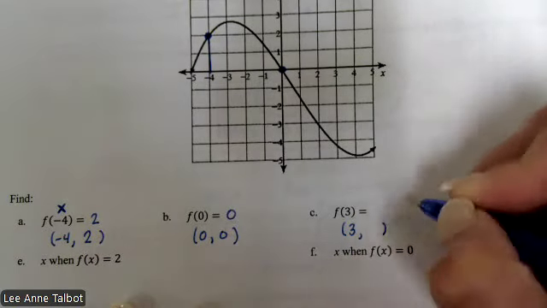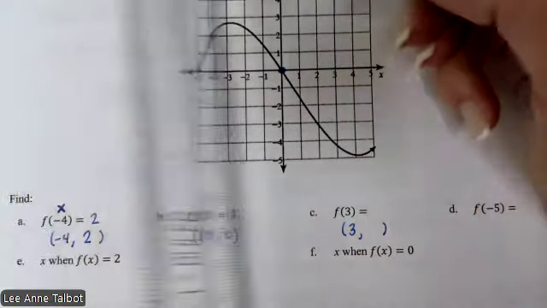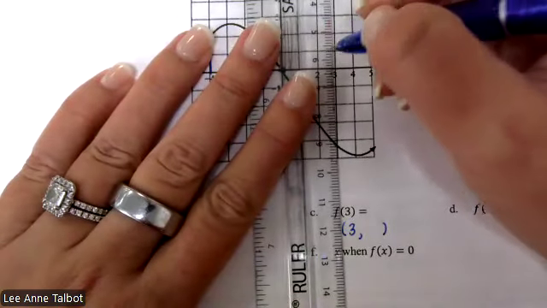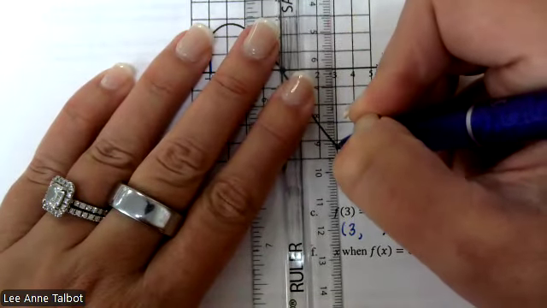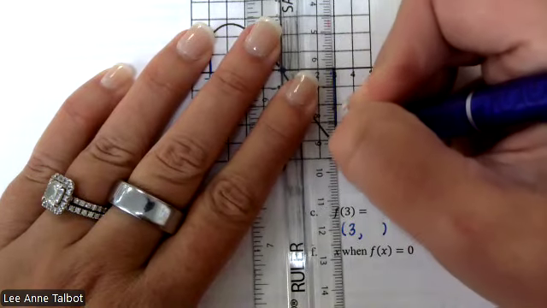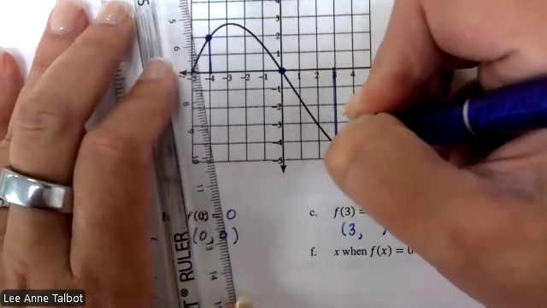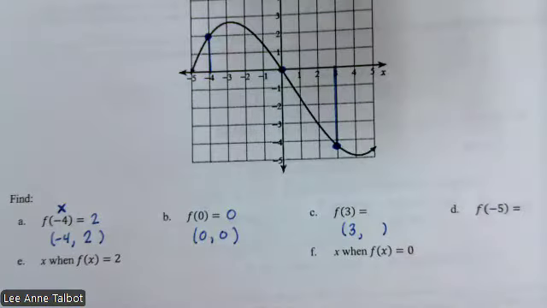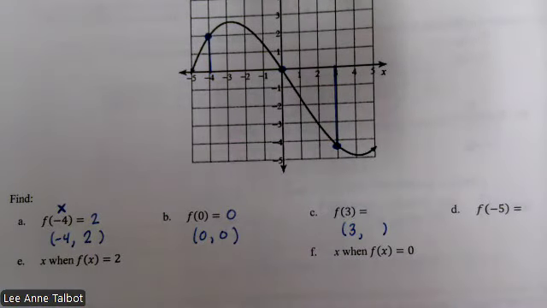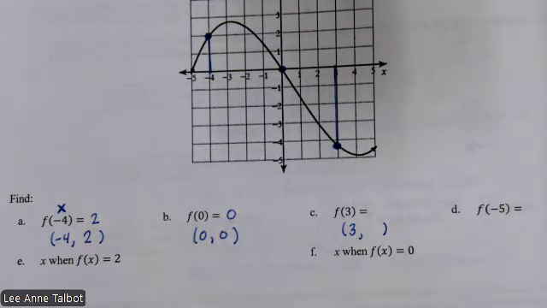Three comma something. What do you want to say? Like -4.3?